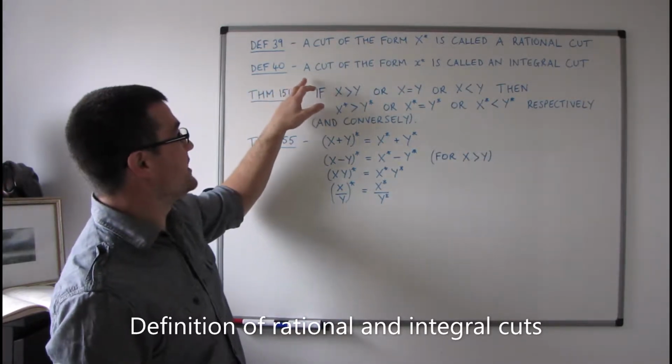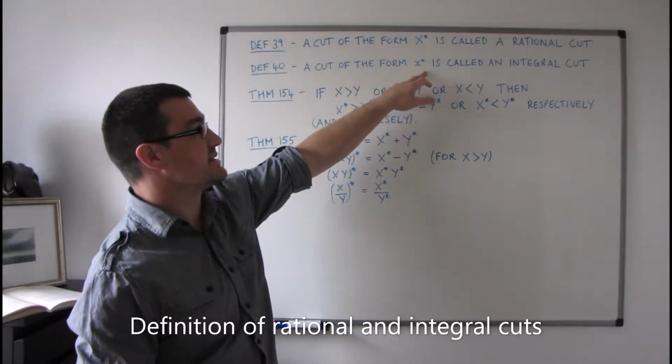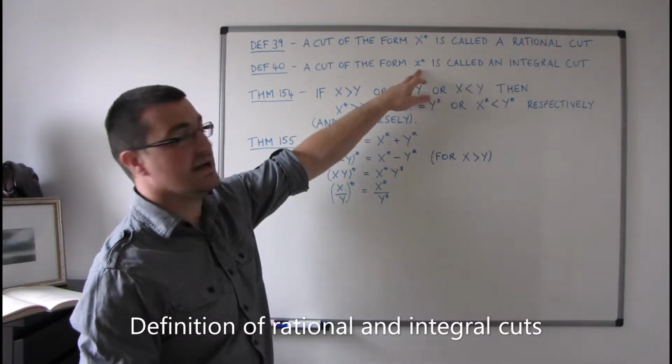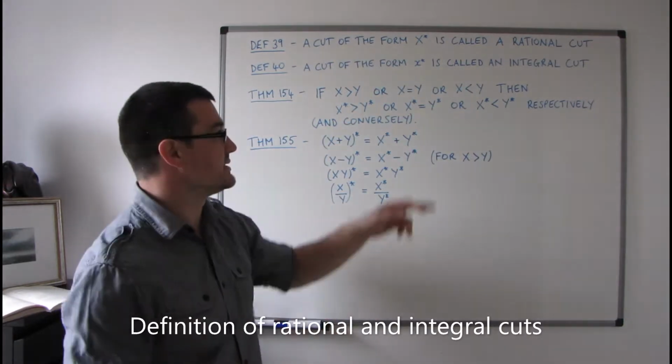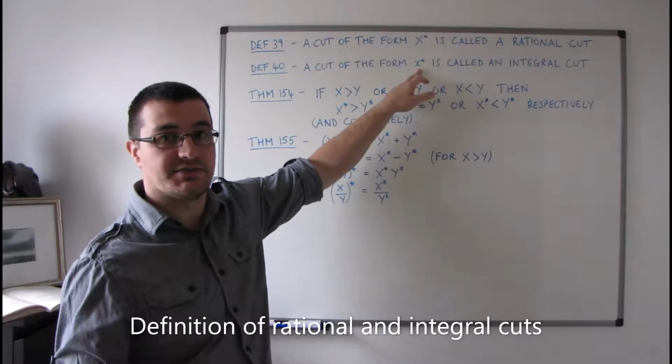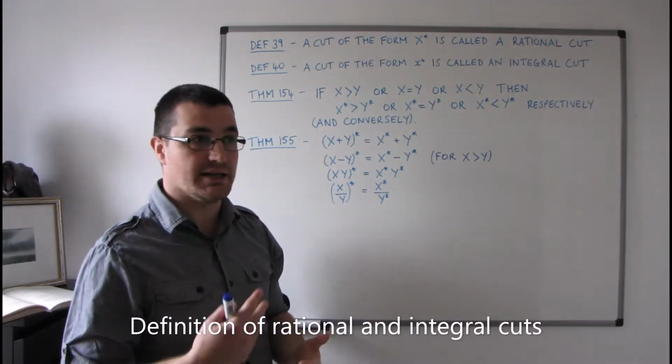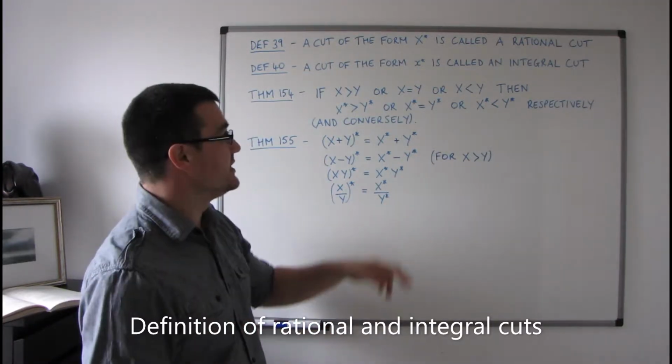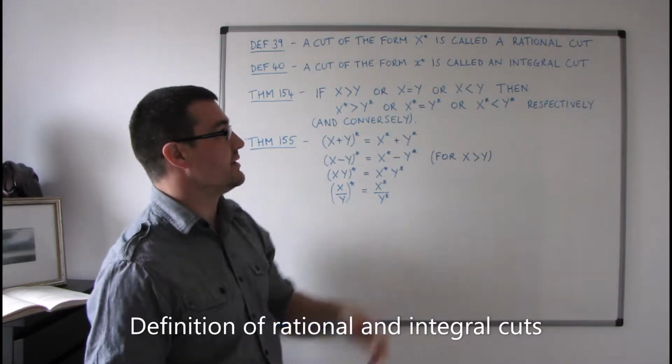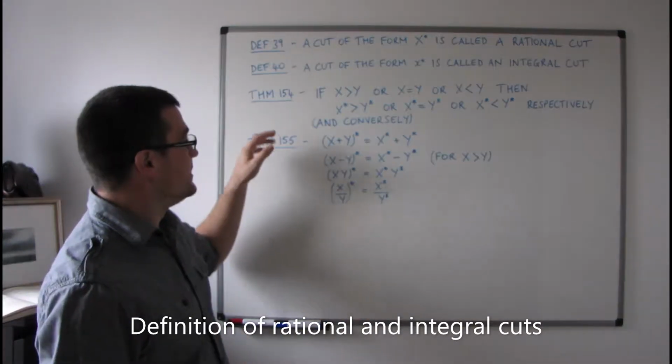And definition 40: a cut of the form lowercase x star is called an integral cut. Lowercase letters are typically used at this stage to represent integers. So x star is going to be called an integral cut.